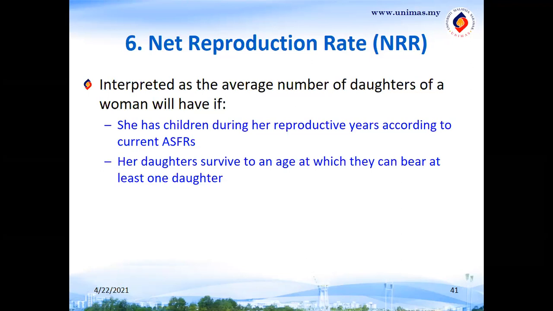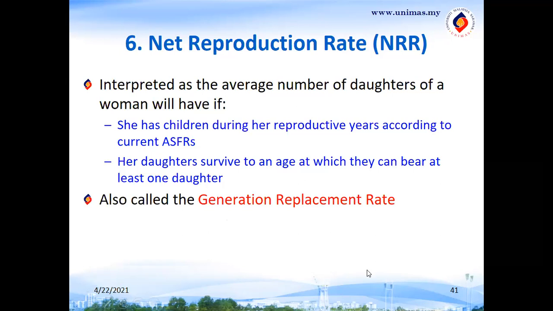Itu penyambungan lah sebenarnya. Women have a daughter ataupun mempunyai anak, and then at least one of the children born is a daughter who or daughters who will survive to a childbearing age, yang boleh seterusnya mempunyai anak perempuan juga. Ya. So this is sometimes known as the generation replacement rate.